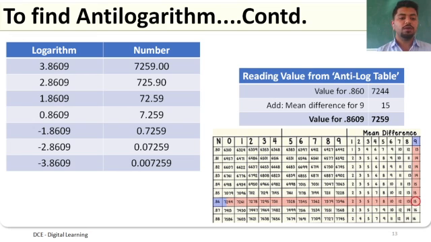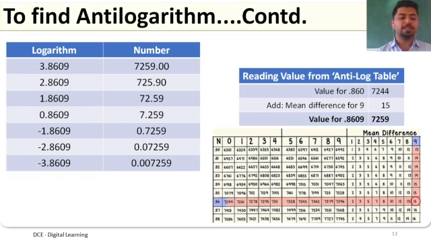Similarly for minus 2.8609, here the characteristic is minus 2. From this 2 you deduct 1. So 1 remains. So 1 zero needs to be put after the decimal point. That means the final result will be 0.07259.